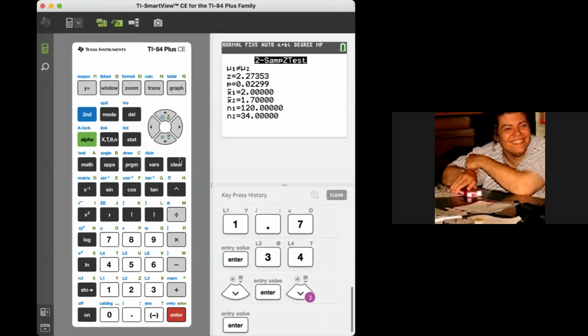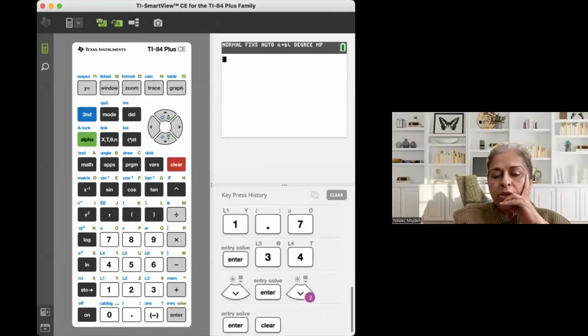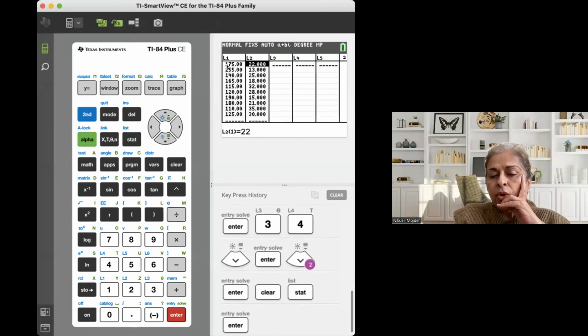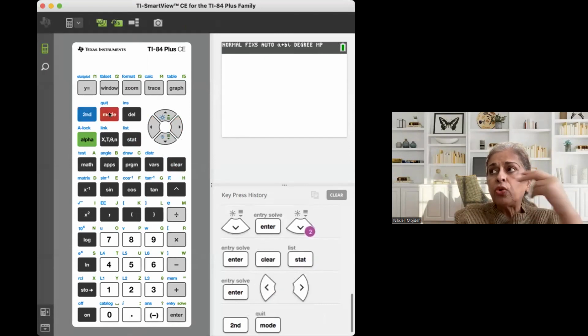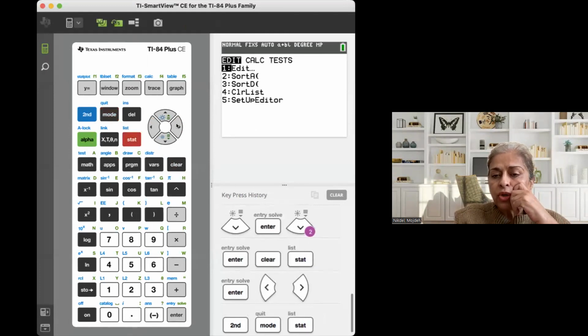So let me clear this. You click the stat key and pick edit. You enter your first raw data in list 1, second raw data in list 2. Quit, second mode quit. Then before you go to step number 2, you click stat, you go to calculate.